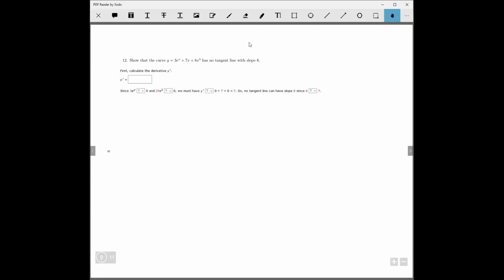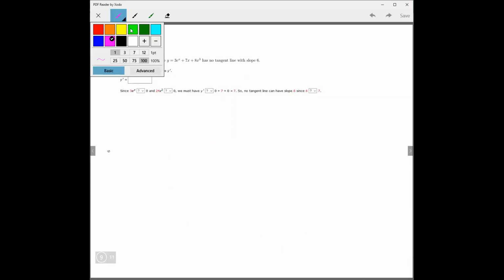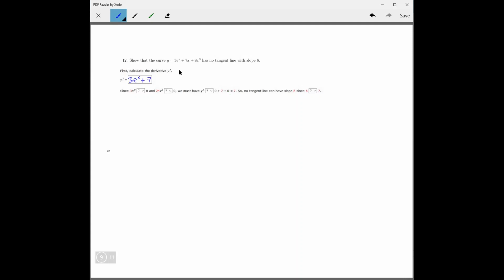Number 12. What we're supposed to do here is show that this curve has no tangent line with slope 6. So first calculate the derivative. The derivative of this is just 3e to the x. The derivative of 7x is just 7, so plus 7.